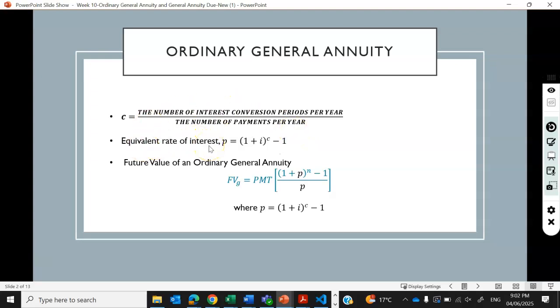We need to calculate the equivalent rate of interest, because the payment period and interest compounding periods are not the same. It can be calculated using this formula, and the future value of an ordinary general annuity can be calculated using this, where PMT is the regular payment, P is the equivalent rate of interest, N is the total number of payments, and P, the equivalent rate of interest, is calculated using this formula.